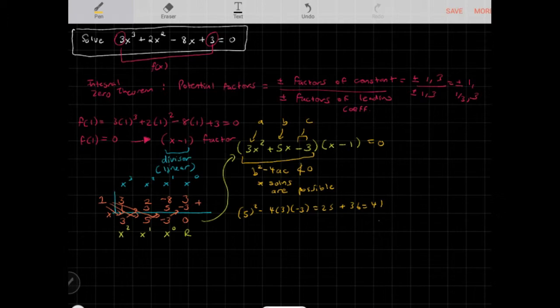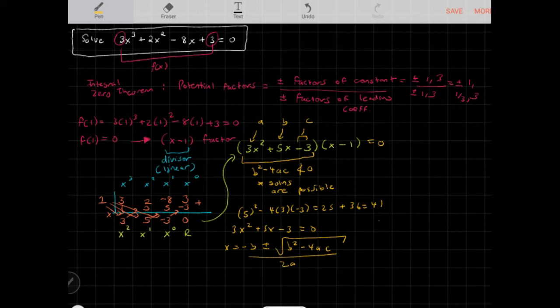You can actually figure out those two solutions using the quadratic formula. If you let 3x squared plus 5x minus 3 equal 0, then x is equal to -b plus minus the square root of b squared minus 4ac, over 2a. This is going to be somewhat of irrational numbers.